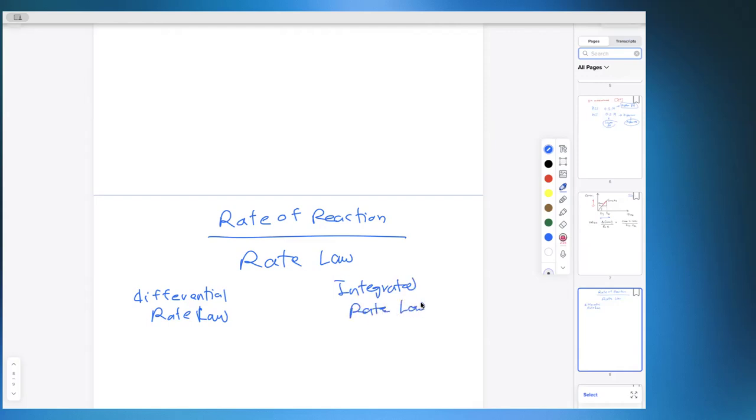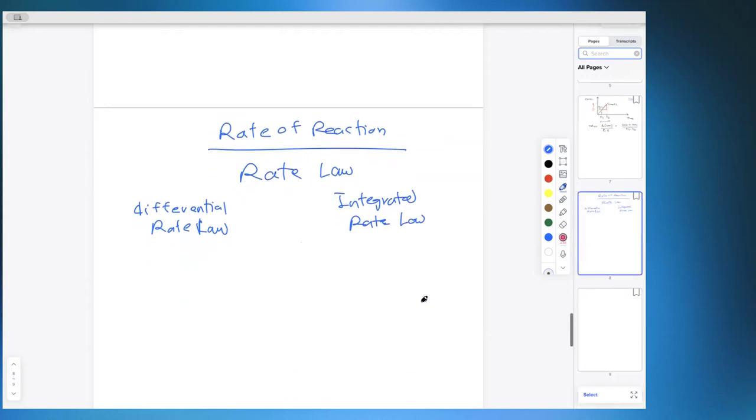What is the difference between them? The differential rate law, or sometimes we just call it the rate law, tells me what the rate is depending on the concentration.